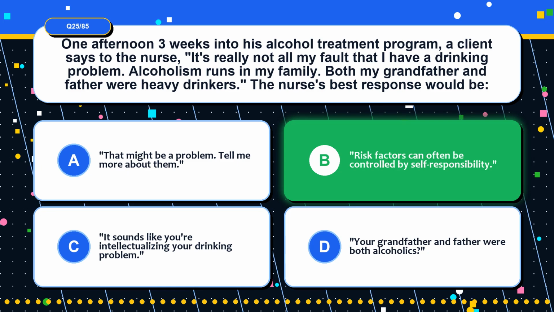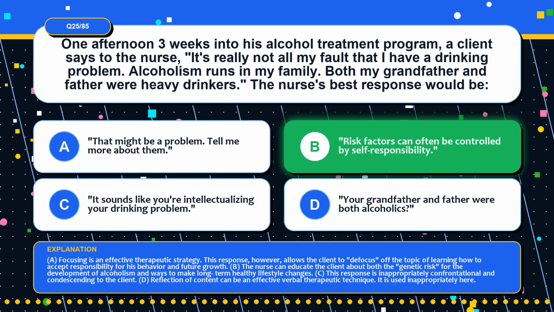The correct answer is option B. Risk factors can often be controlled by self-responsibility. A. Focusing is an effective therapeutic strategy. This response, however, allows the client to defocus off the topic of learning how to accept responsibility for his behavior and future growth.